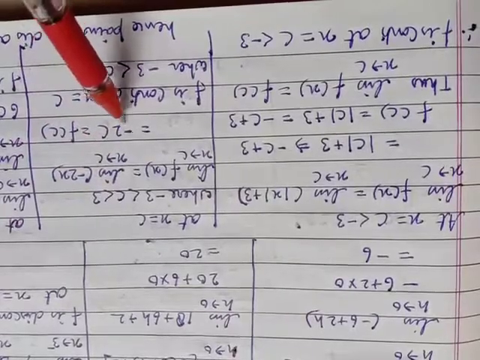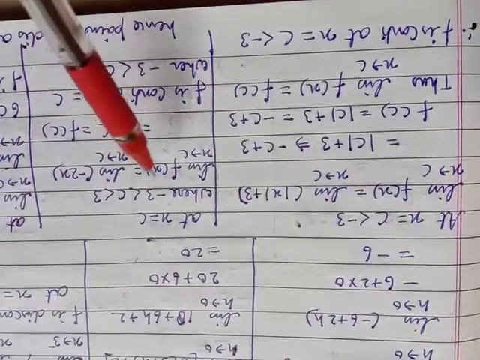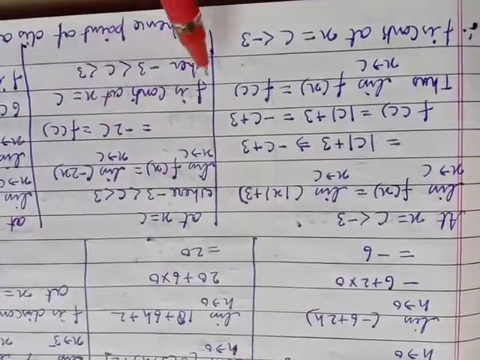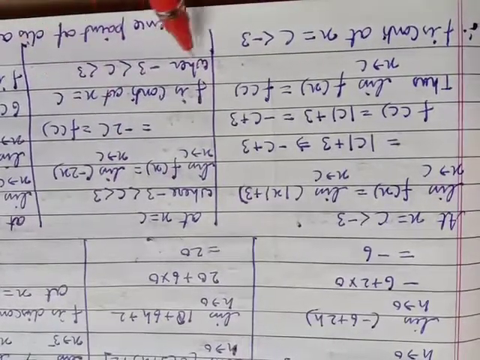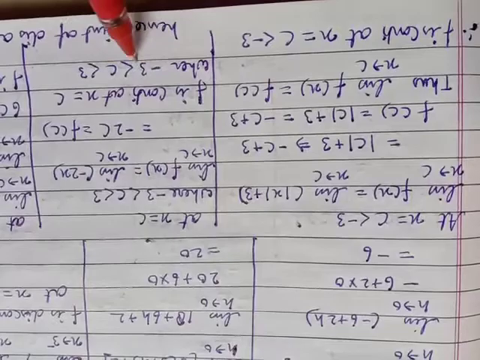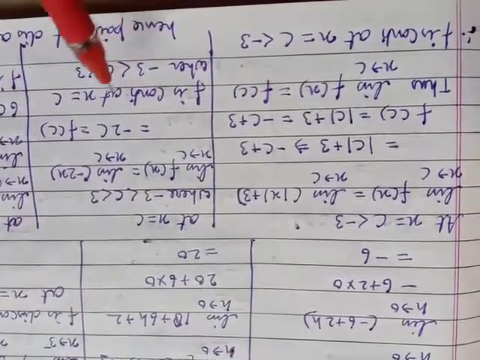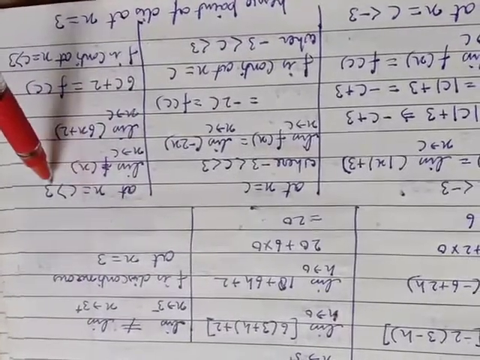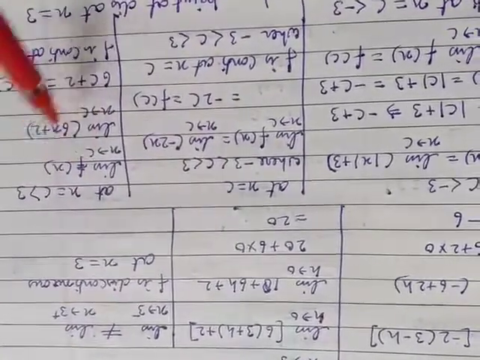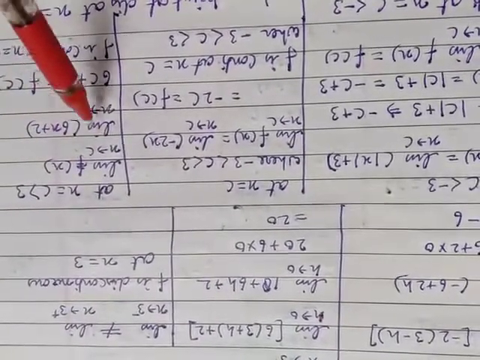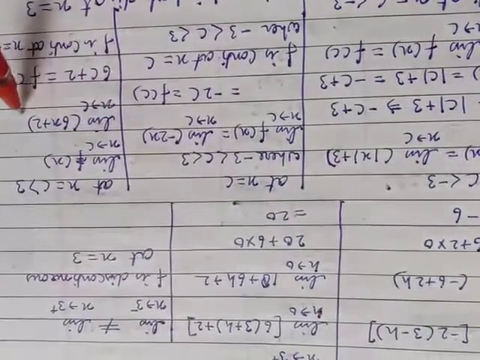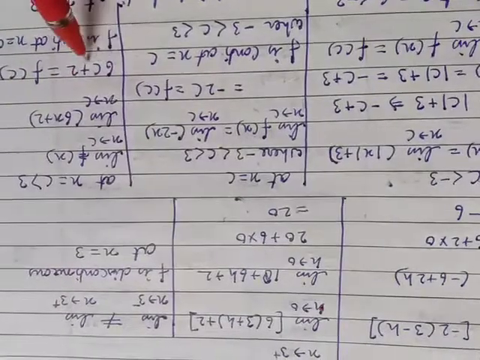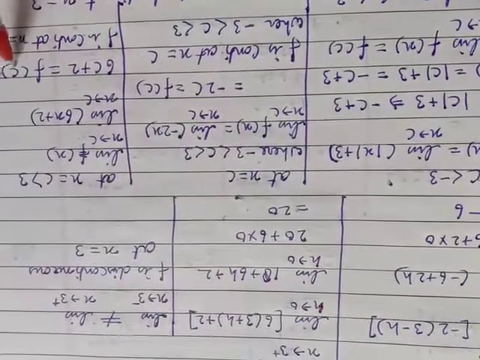so it becomes -2c, and when you put the value of c in the function of c, again you get -2c. So f is continuous at x equal to c, where c is greater than -3 and less than 3. Similarly, when c is greater than 3, the limit as x tends to c of 6x + 2, the third line of the function, equals 6c + 2, which is equal to f(c).